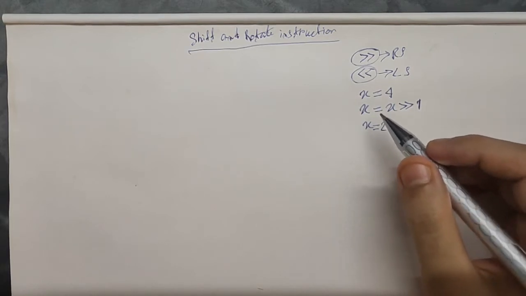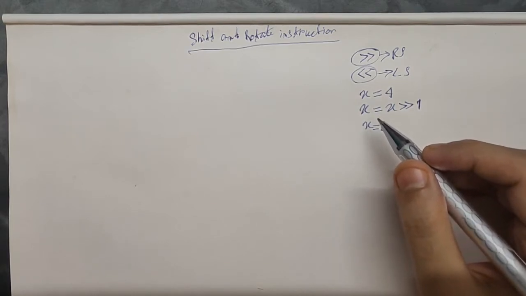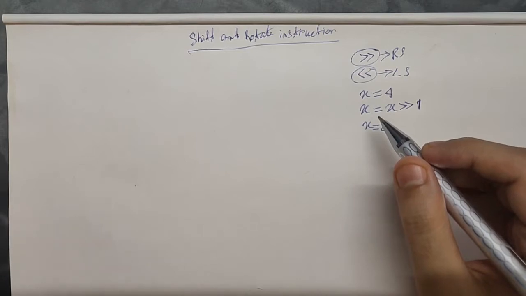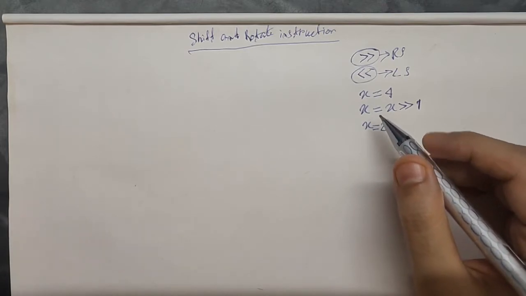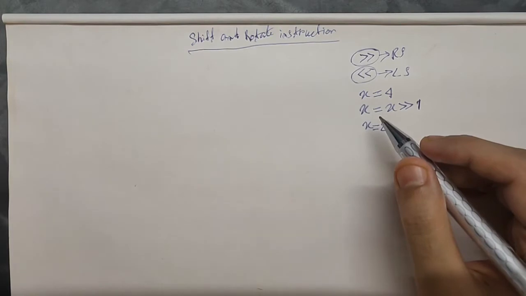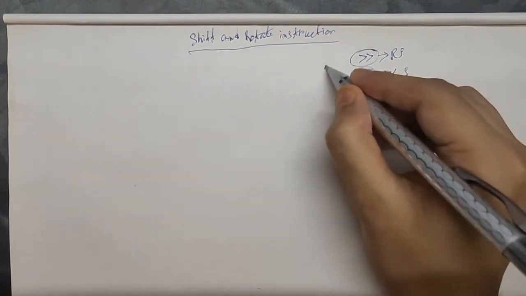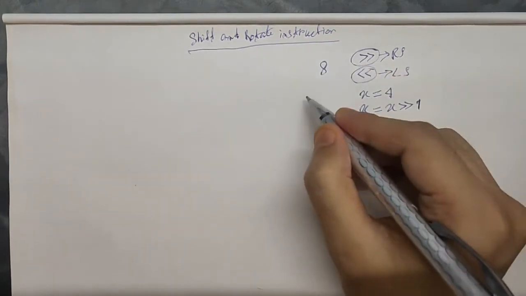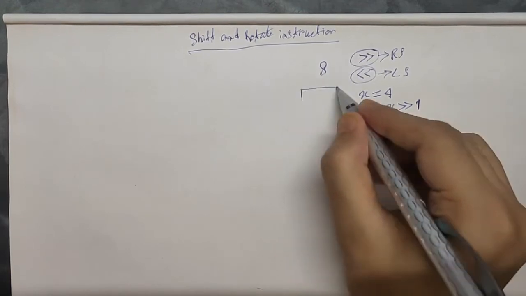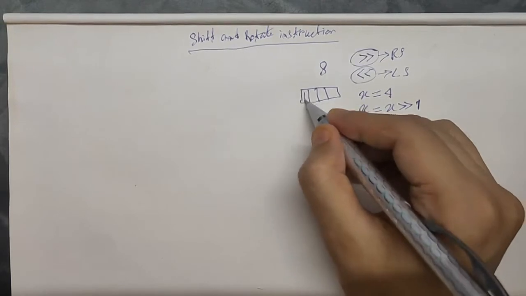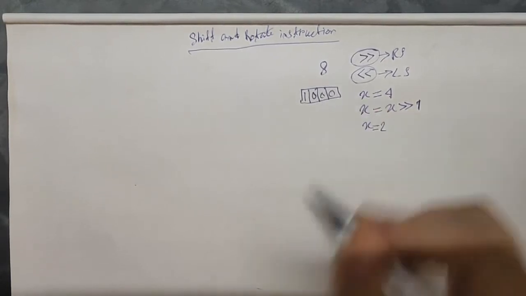So in our computer architecture, we have our microprocessor and we have our register. Basically, all the values are stored in the register in a bitwise fashion. So suppose we have a value 8 and a 4-bit register, then the value of 8 will become 1000.